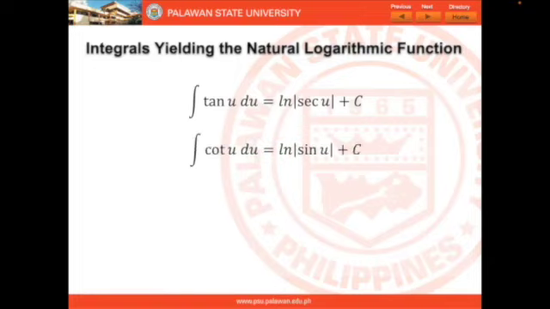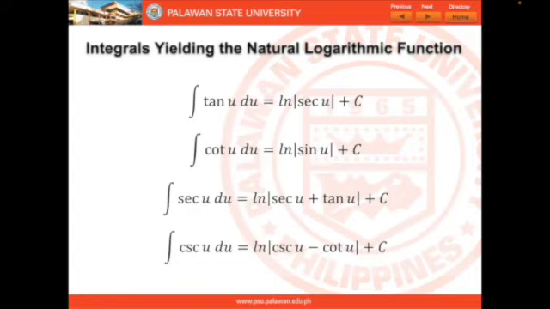For the integral of cotangent u du, it's just equal to ln of the absolute value of sin u plus c, as well as the integral of secant u du is equal to ln the absolute value of secant u plus tangent u plus the constant of integration. And we also have the integral of cosecant u du, which is equal to ln of cosecant u minus cotangent u plus c.